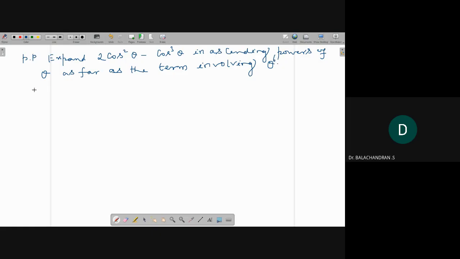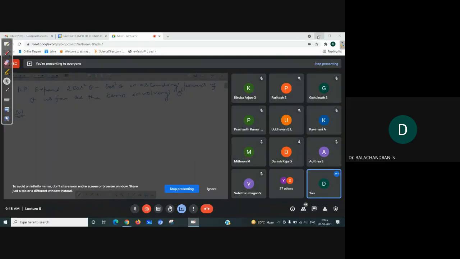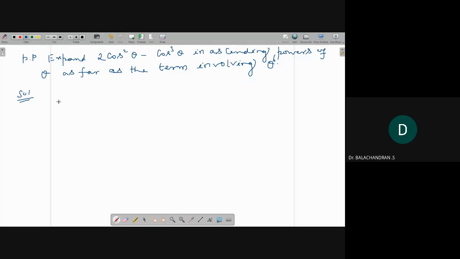So I will just give the idea of how to do this question. We don't have time, but I will give the idea. So first step, 2 cos square theta minus cos cube theta. You can write 2 cos square theta as 1 plus cos 2 theta.